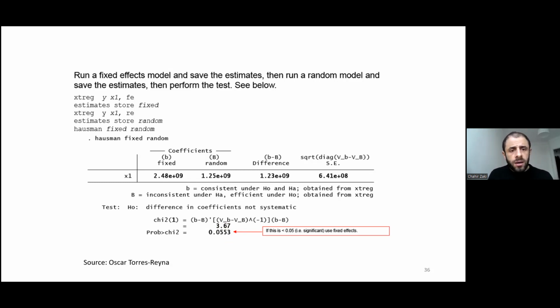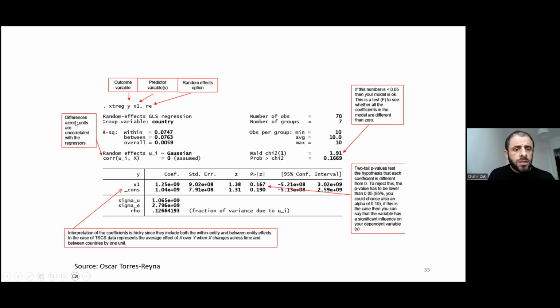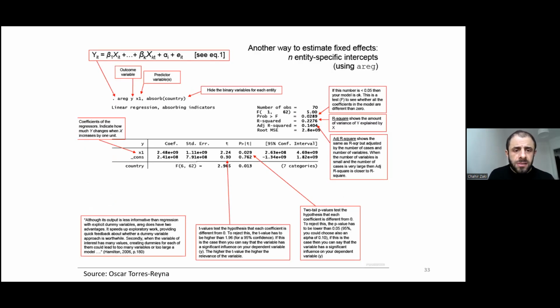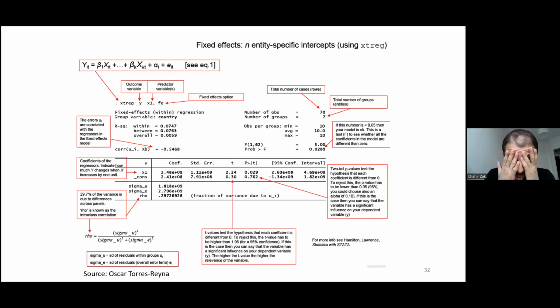Two final remarks before we move to Stata. I just want to show you also what happens when we introduce the dummies, because if you remember, I told you that the fixed effects strategy is primarily a least square dummy variable model.